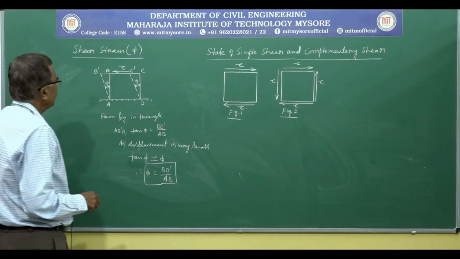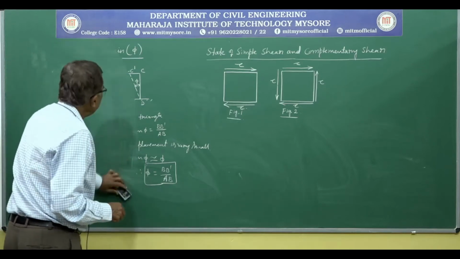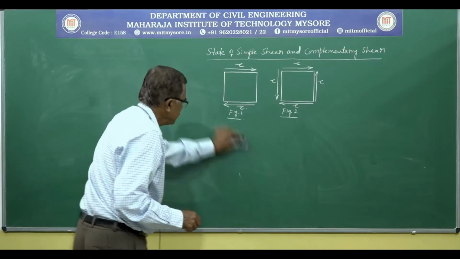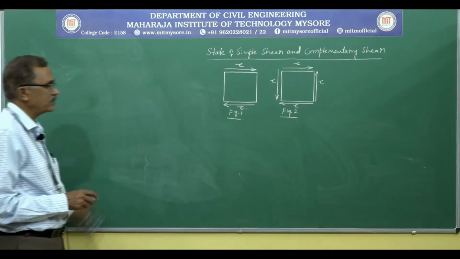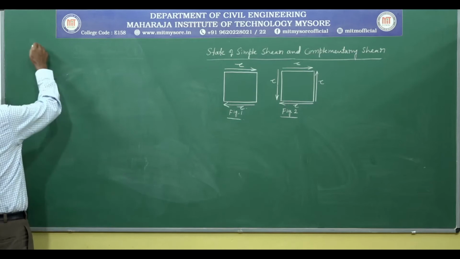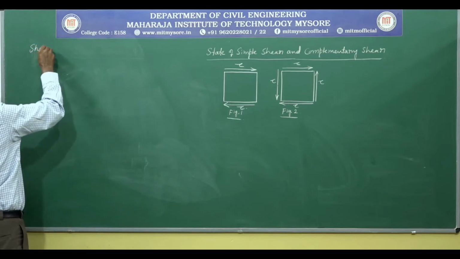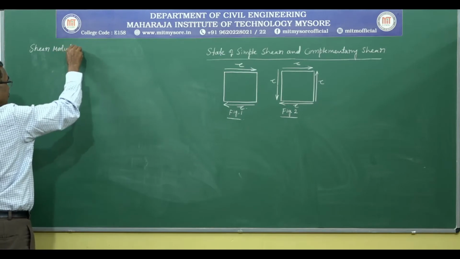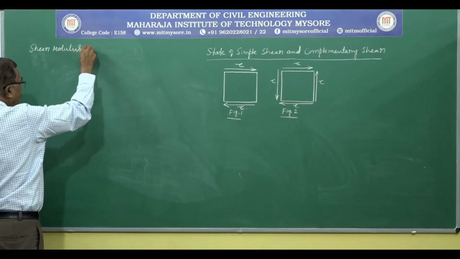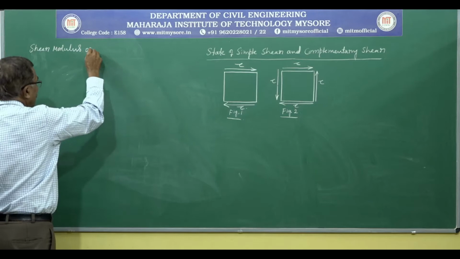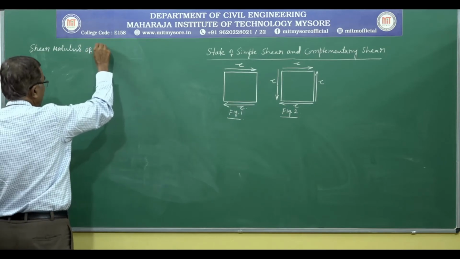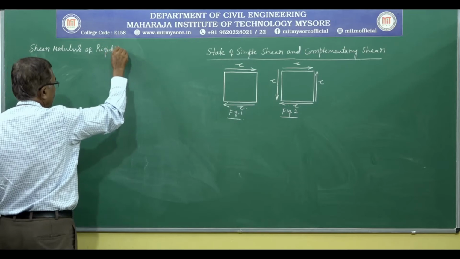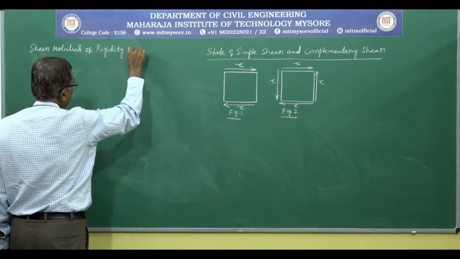Now, along with shear strain and state of simple shear, let us introduce another elastic constant. It is called shear modulus, or the shear modulus can also be called rigidity modulus.